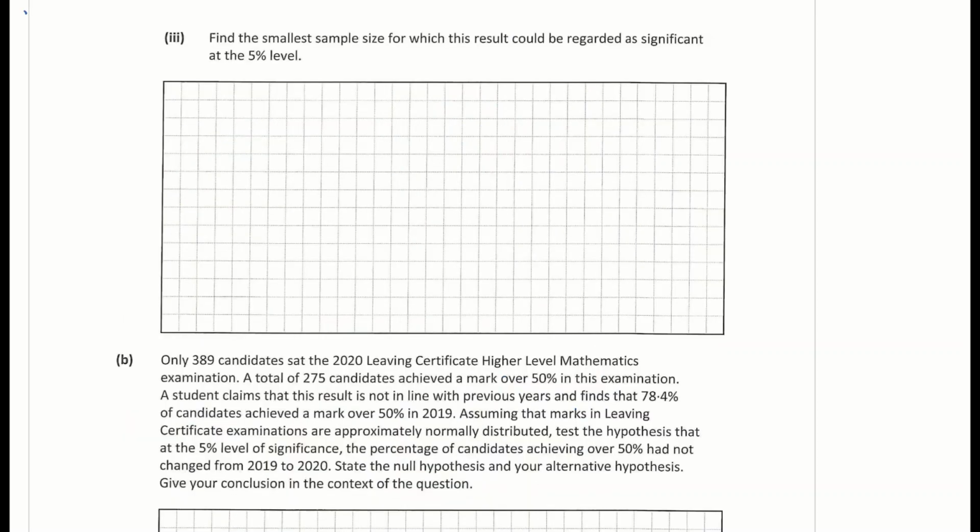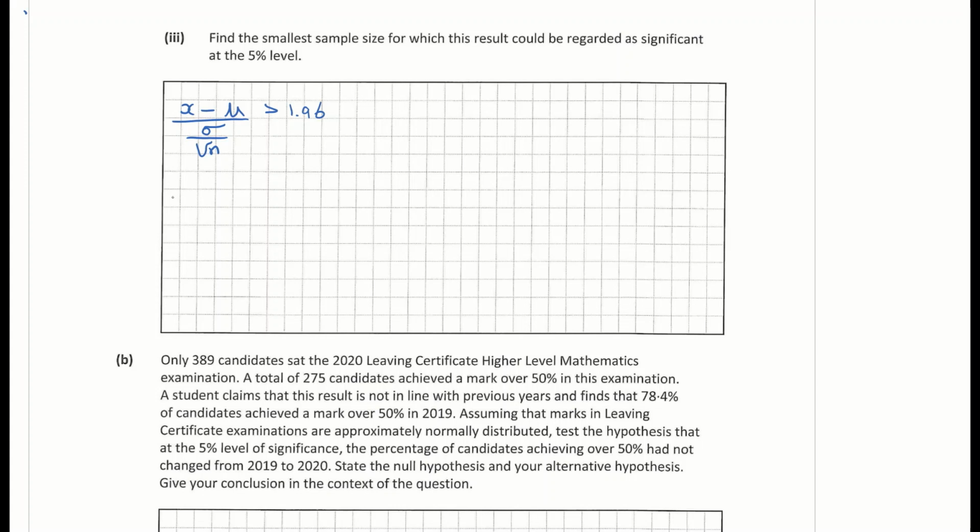Part 3, find the smallest sample size for which this result could be regarded as significant at 5% level. Again, we're using the same information here. We're using our z-score, x minus mu over standard deviation divided by the square root of n, and I'm looking for my z-score to be greater than 1.96 because I'm looking for a significant result.